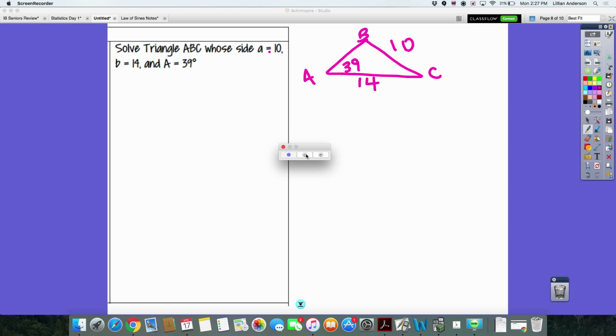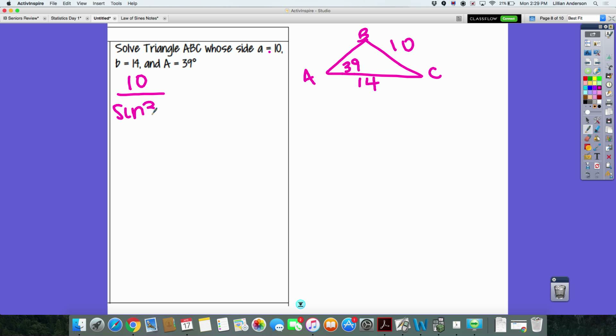I want you guys to use the formula, find angle B. And because we're looking for an angle, that means you're going to have to use the what? Inverse. Okay? Equations. Okay? So you should set it up. 10 over sine of 39 equals, you know side B, so it's 14 over the sine of angle B. You still do the same thing you did before.